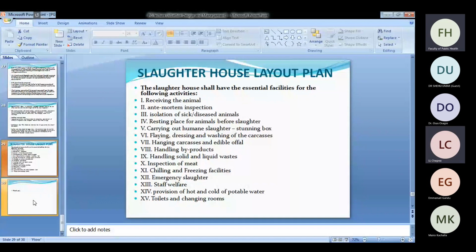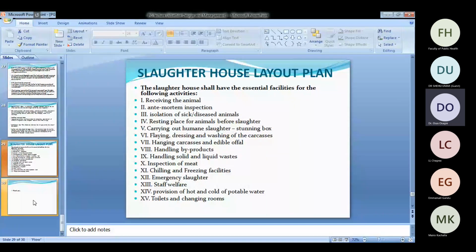Where do you carry out emergency slaughter? In the lairage. What are the conditions that can make one slaughter an animal under emergency condition? When the animal is sick.